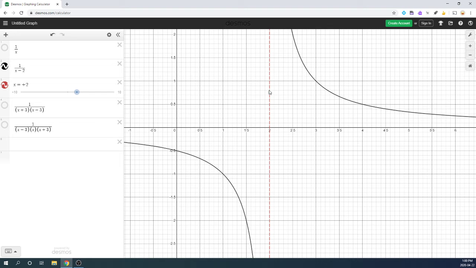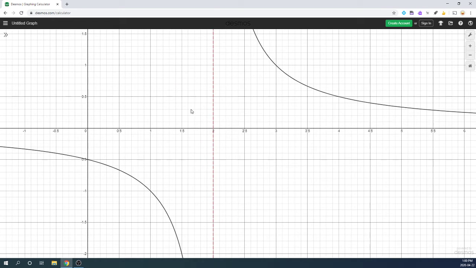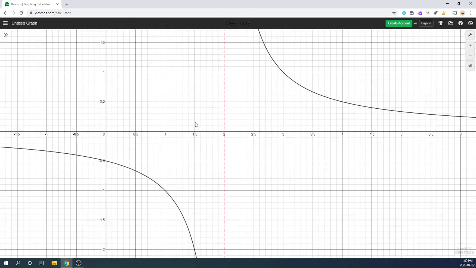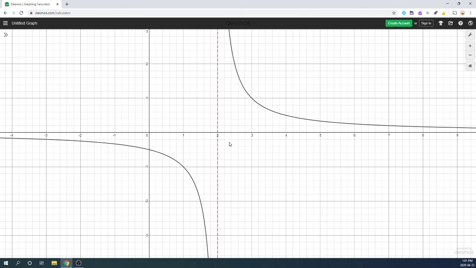So that's a little bit about what that looks like. So that's exactly what we graphed in that first example.